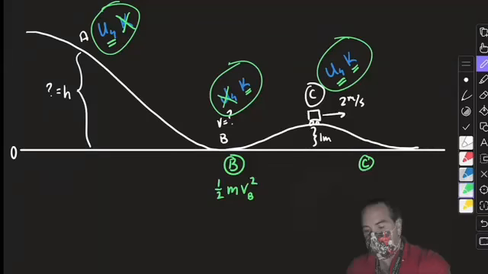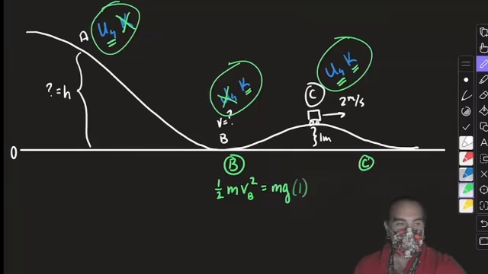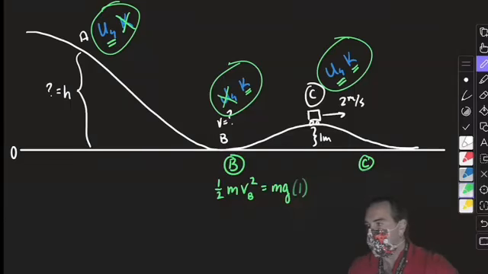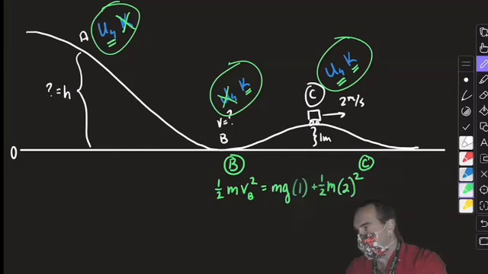At C, I have two kinds of energy. I have gravitational potential. As we learned yesterday, that's mgh. h is 1. It's 1 meter above the lowest point. But I also have kinetic, 1/2 m 2 squared.